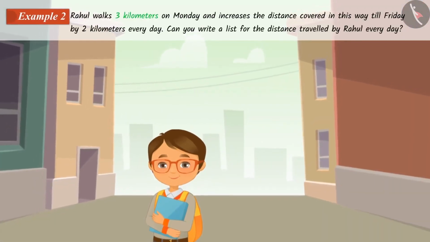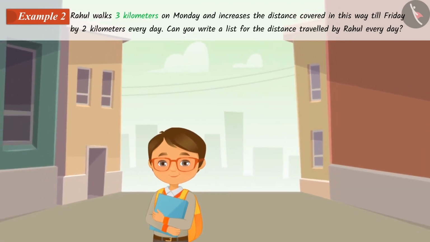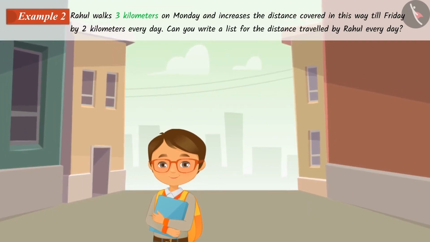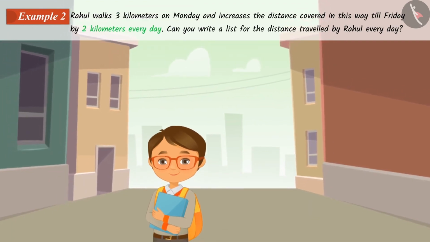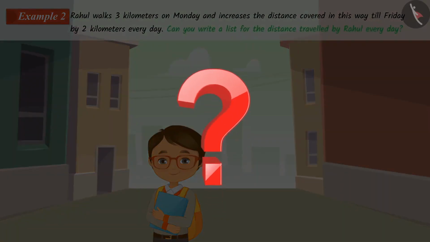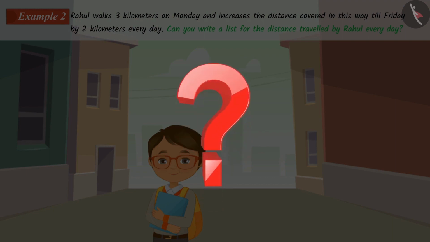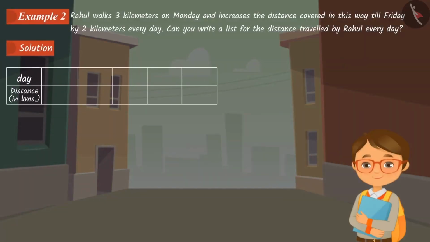Rahul walks 3 kilometers on Monday and increases the distance covered in this way till Friday by 2 kilometers every day. Can you write a list for the distance travelled by Rahul every day? As per the question, Rahul travels a distance of 3 kilometers on Monday.